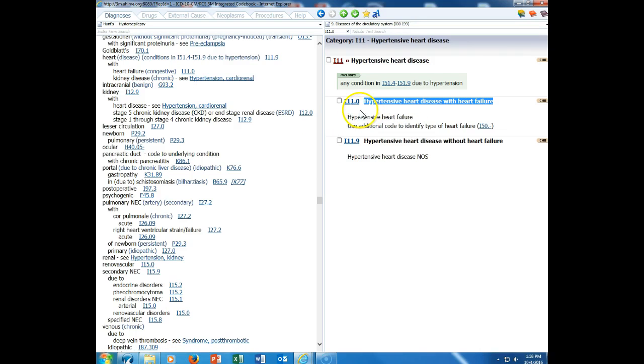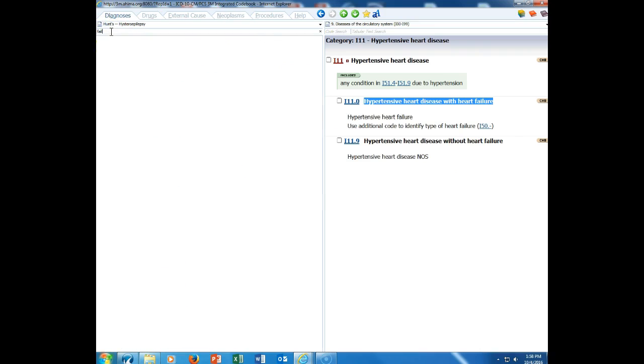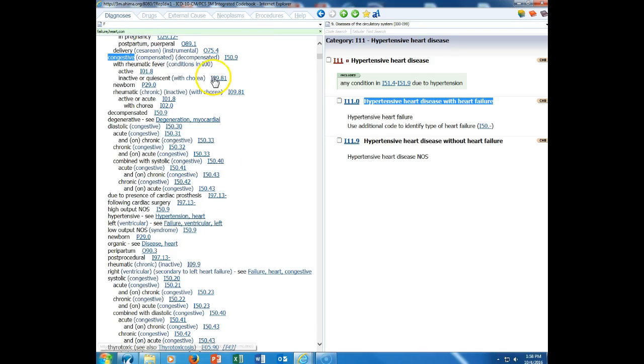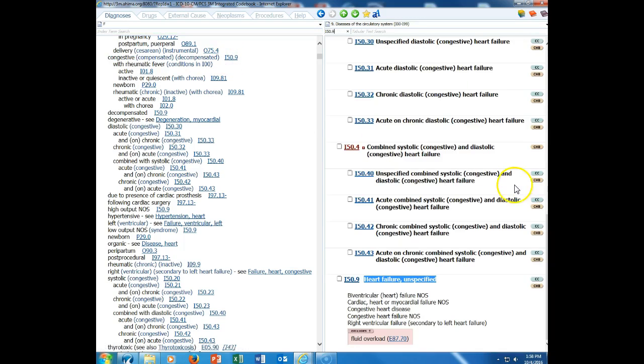When we assign that code, it tells us to also identify the type of heart failure. The documentation we have is congestive heart failure, I50.9. That's the only information we have, and so that is the code that we choose. So for 15, your codes would have been I11.0 and I50.9.